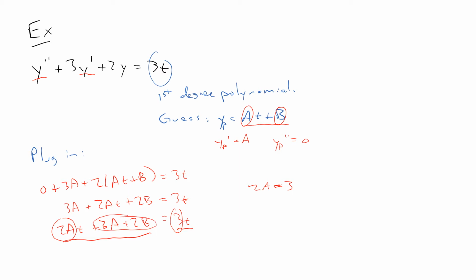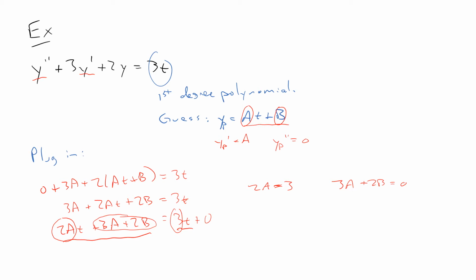There's no t's involved. If I look on the right-hand side, there aren't any constants written, but you can imagine there being a plus 0 there. So the only way that these two polynomials can match each other is if 3a plus 2b is 0.